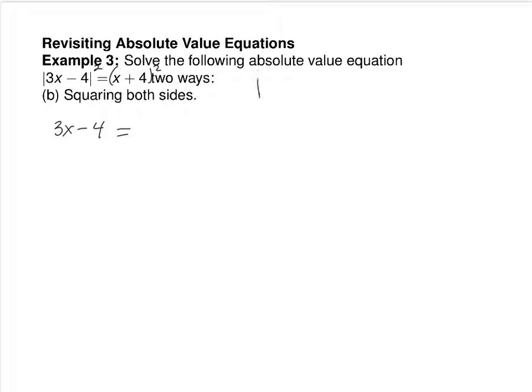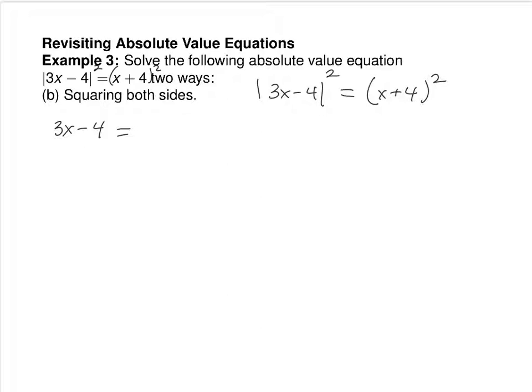So the second way is to take this expression and square both sides. The whole thing that's funky with absolute values is they equal two different things. They equal positive the number or negative the number, right? And one way to deal with that and make the negative go away is to square both sides.